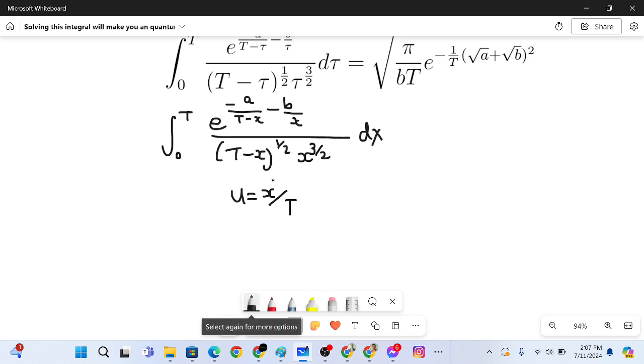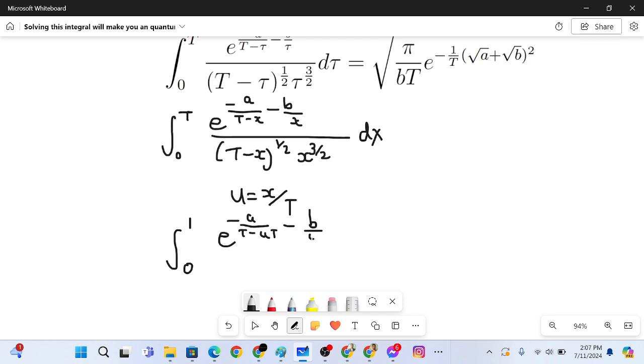So now the integral goes from 0 to 1 of e to the power minus a by (t minus ut) minus b by ut, divided by (t minus ut) to the power 1 by 2 and again (ut) to the power 3 by 2.